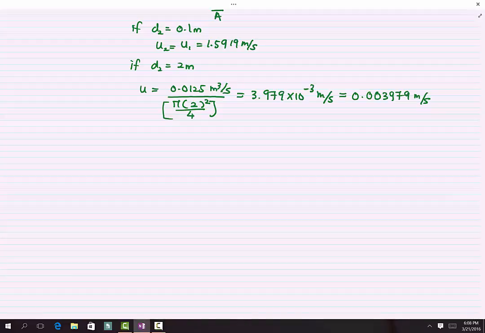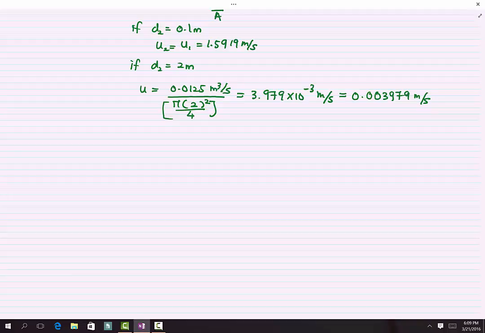Here it can be seen that with a diameter of 2 meters, the velocity of water in the tank is equivalent to 0.003979, which is approaching 0.